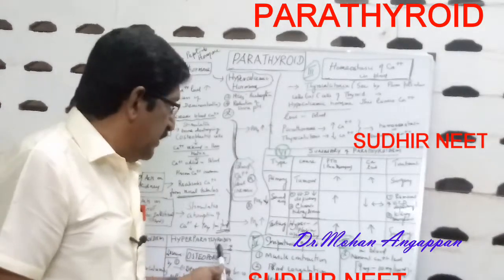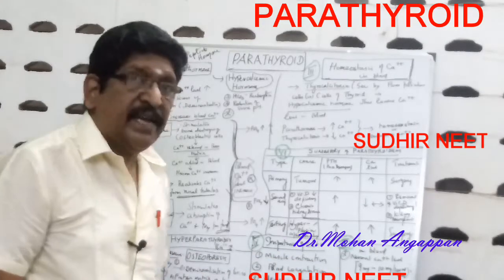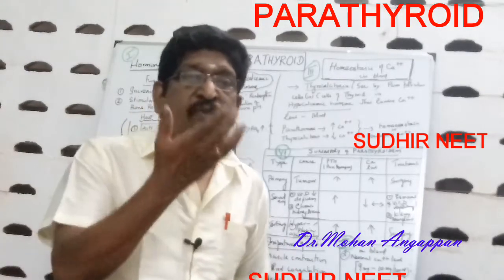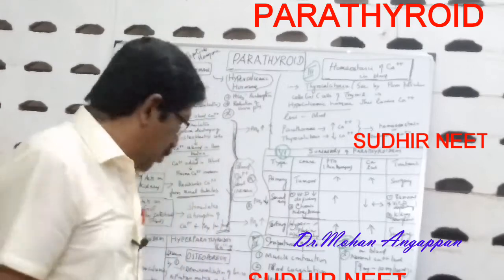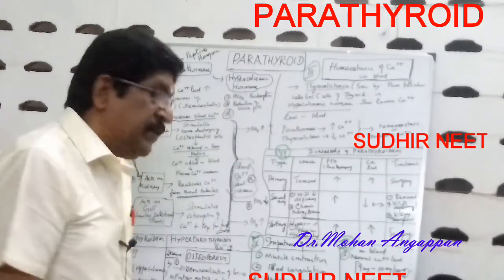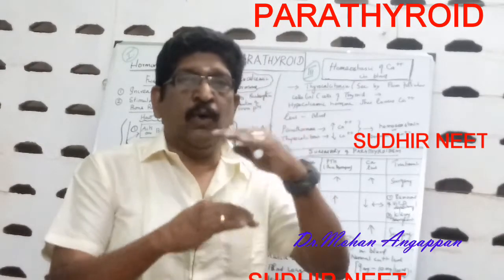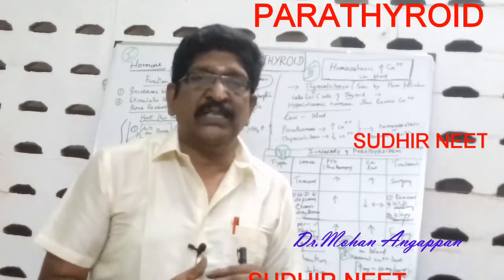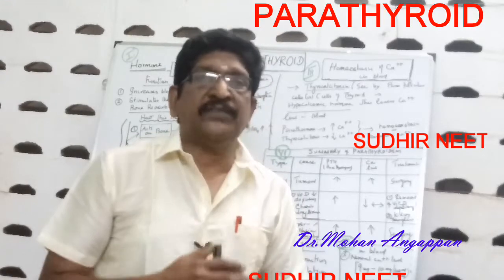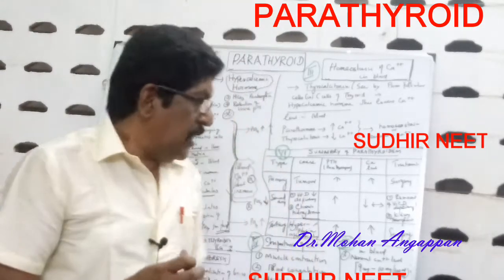People suffering from tetany will have more phosphate in the blood. That is called hyperphosphatemia. So the tetany goes along with the hyperphosphatemia, that is, more phosphate in the blood.